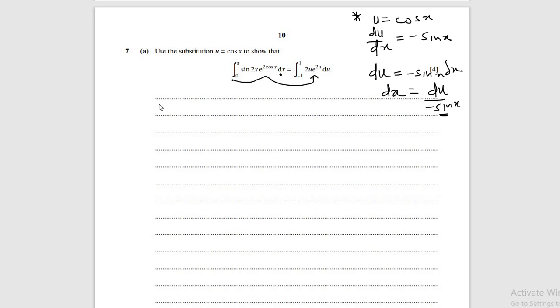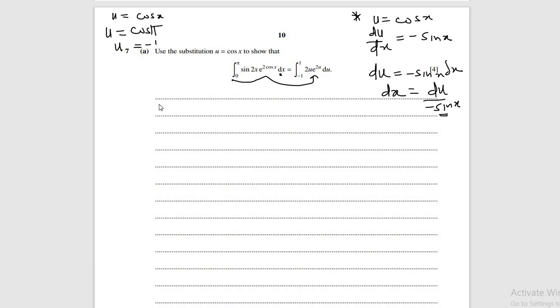Let me do it here. Since our u is cos x, we have the value for x, but we don't have the value for u, I mean the limit. The first limit, when x is pi, u was cos pi. Cos pi gives me minus 1.